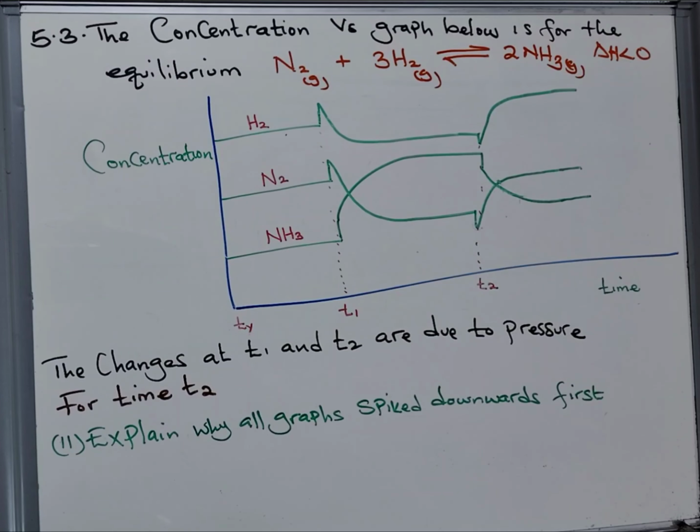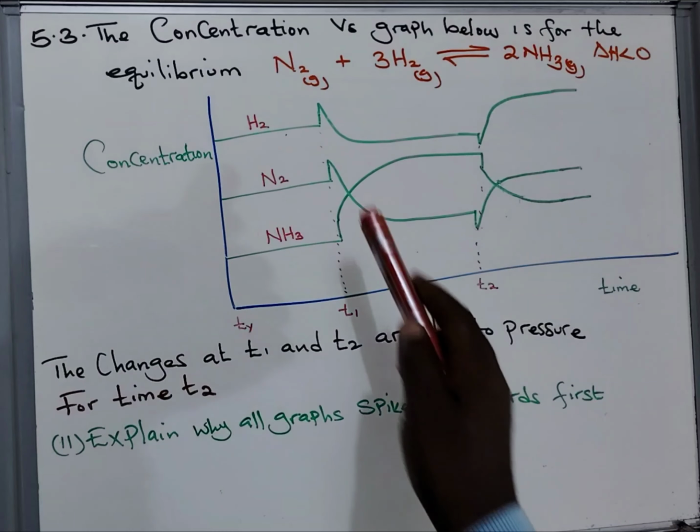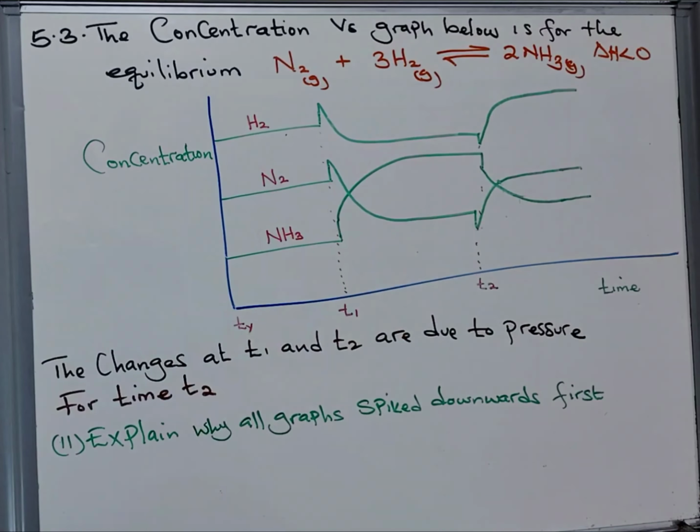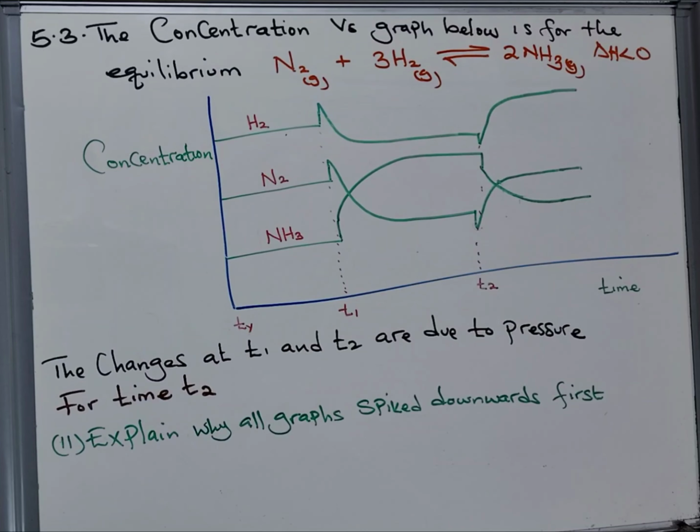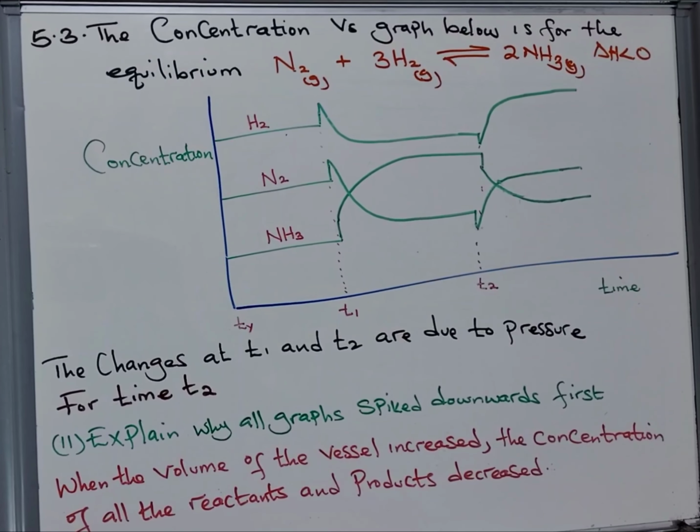And when the volume of the vessel increased, all the components, their concentration decreases. That's why there's a spike for each downwards. That is that.